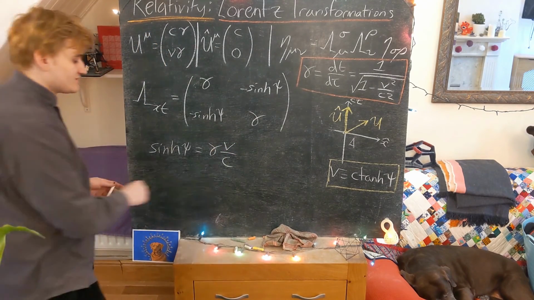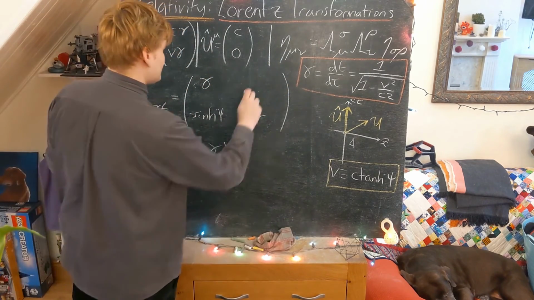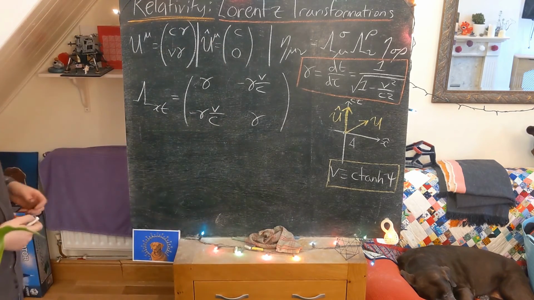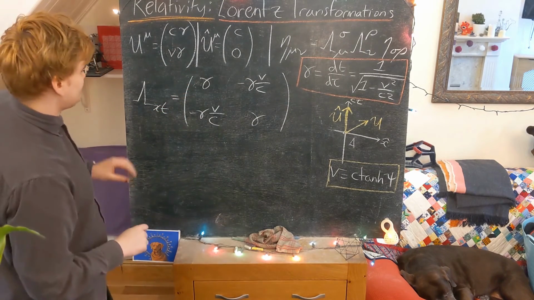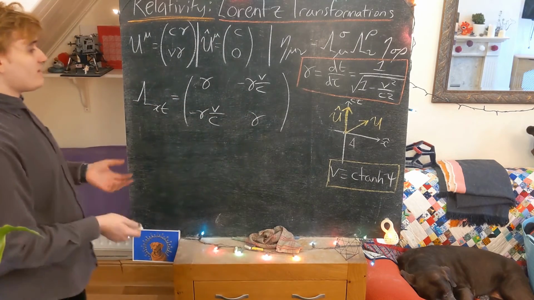And so the Lorentz boost is now going to look like this, which is arguably a much nicer and neater expression. We've got rid of all of these hyperbolic functions, but now we know and understand what these gammas actually are.